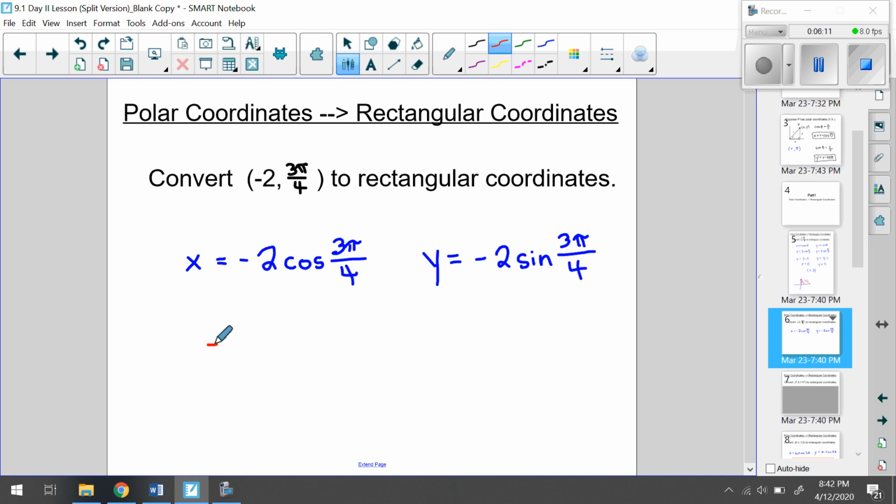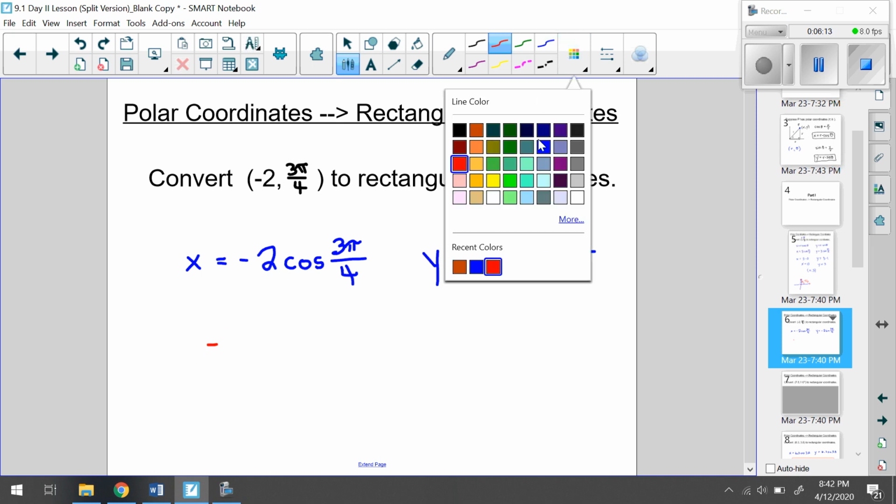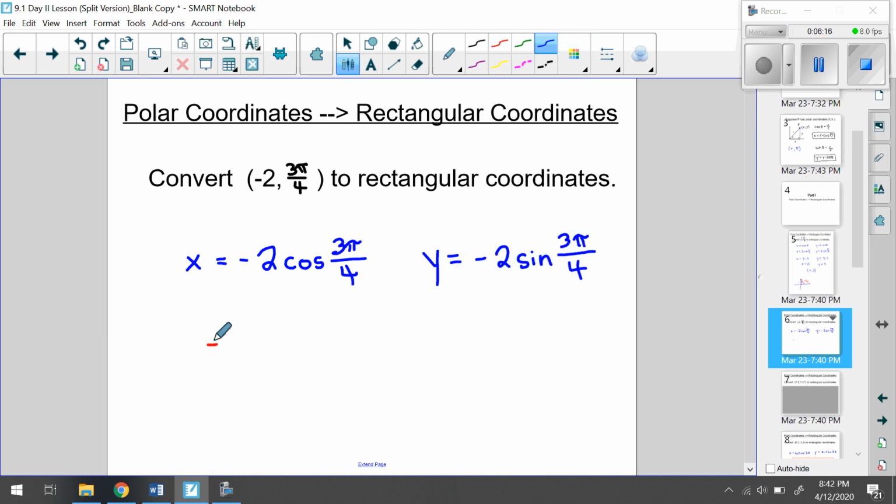We know that cosine 3 pi over 4 is in the second quadrant, right? 3 pi over 4 is going to be over here, so the cosine is going to be negative, and that's one of our common values. It's going to be negative root 2 over 2.